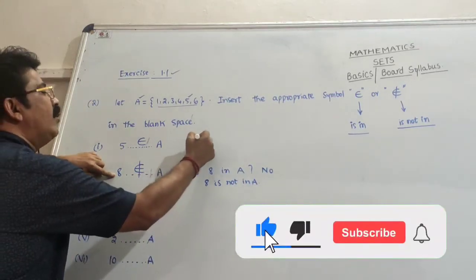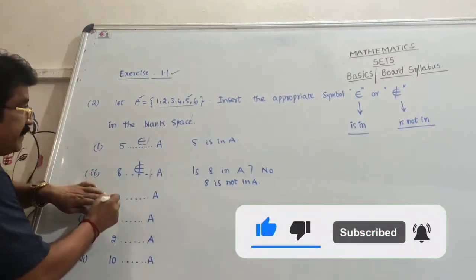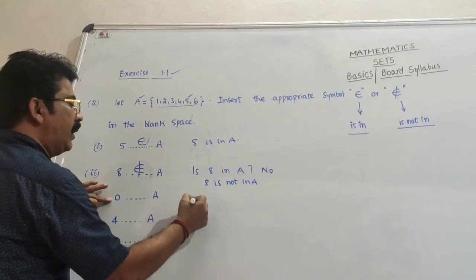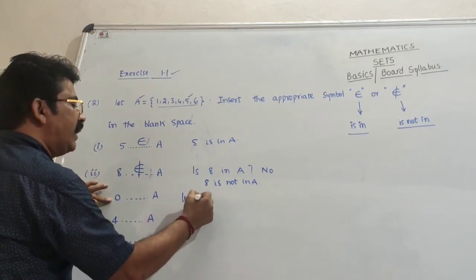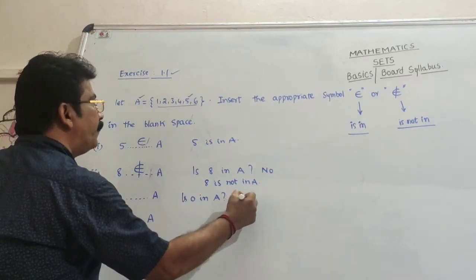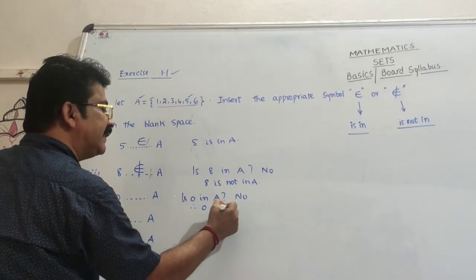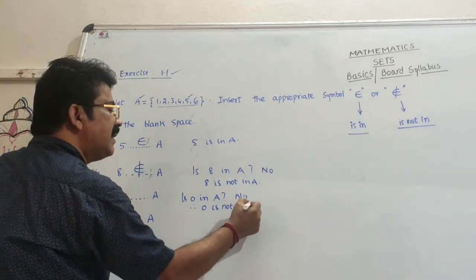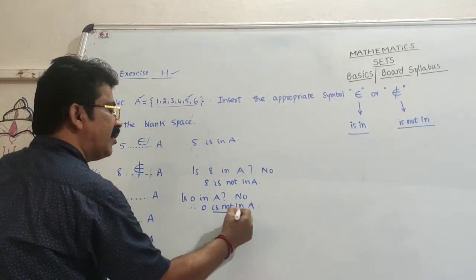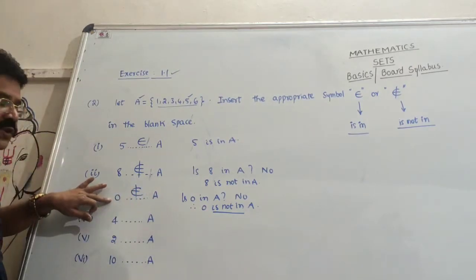Here 5 is in capital A. You come here, 0. Is 0 in capital A? No. You see there. So therefore 0 is not in capital A. Therefore it is not belongs to.